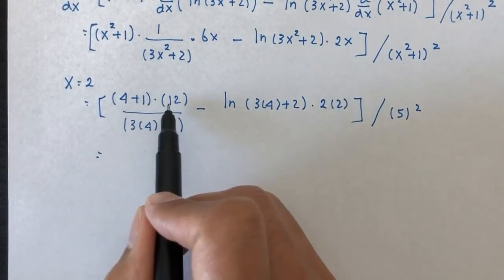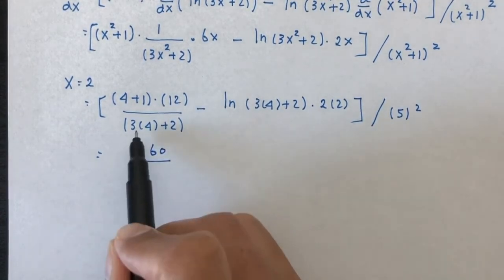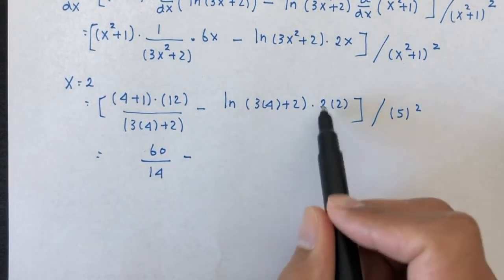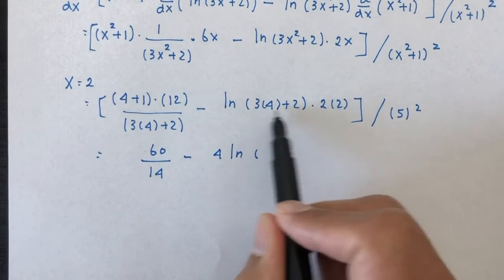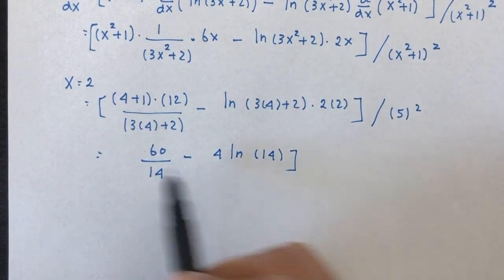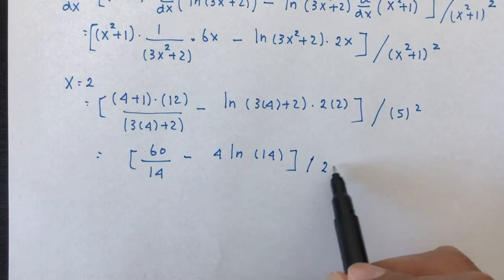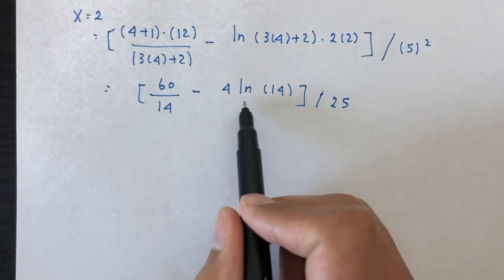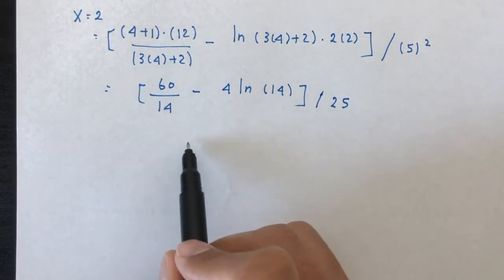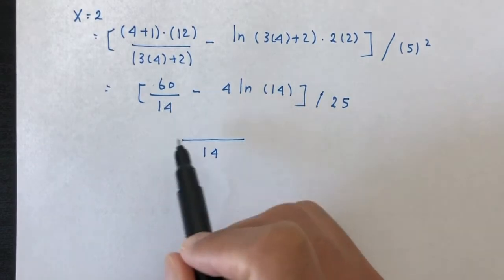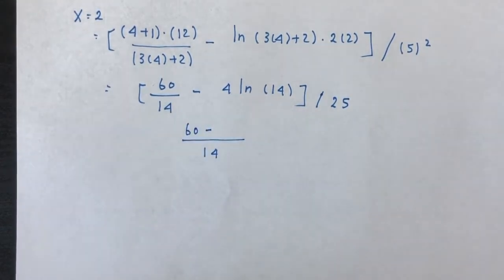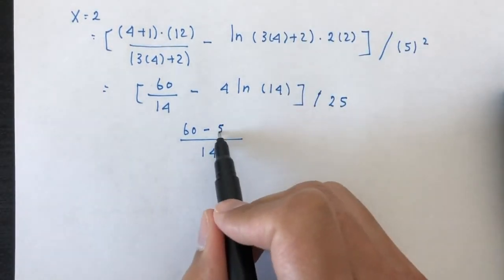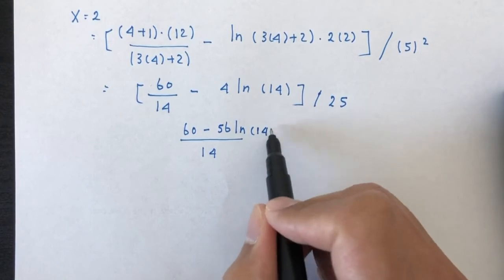So let's simplify again. Here we have 5 times 12 will be 60 divided by 12 plus 2, which is 14, minus 4 ln 14, divided by 25. So let's simplify this inside first. Let's put a base of 14 with them. So we have a base of 14. Here we have 60 minus, 4 times 14, that will be 56 ln 14.